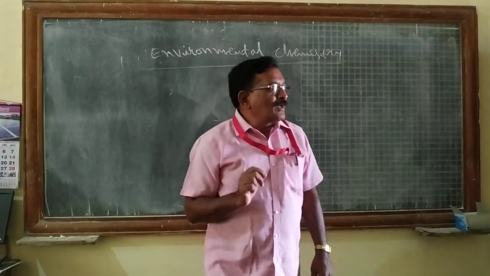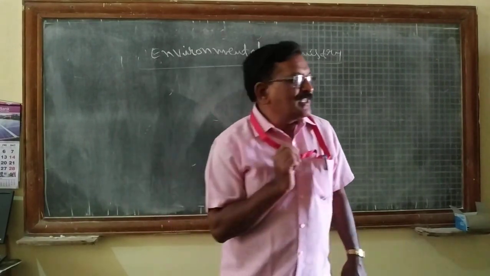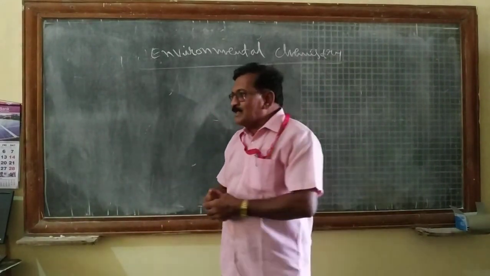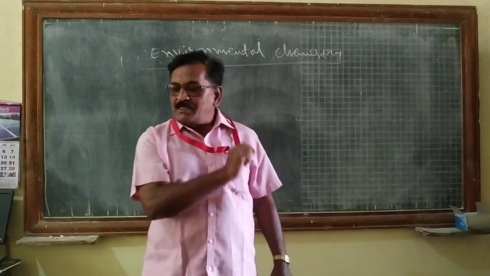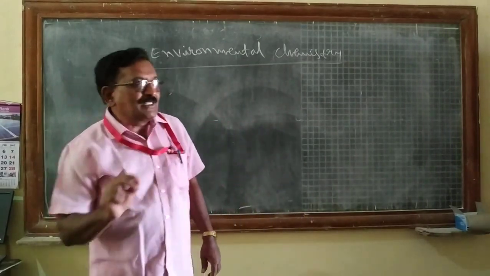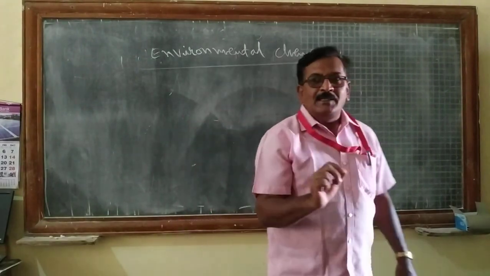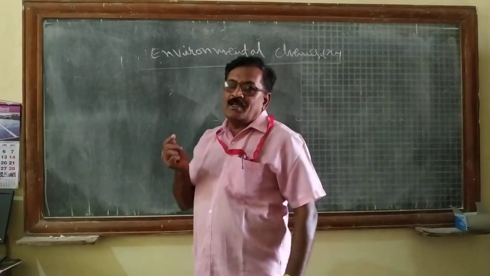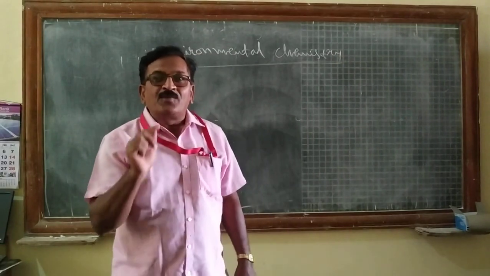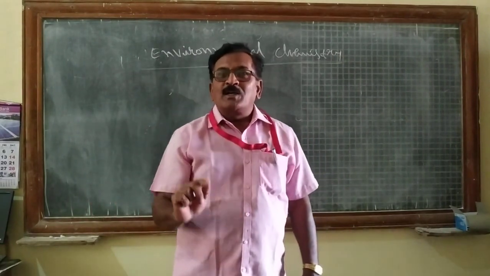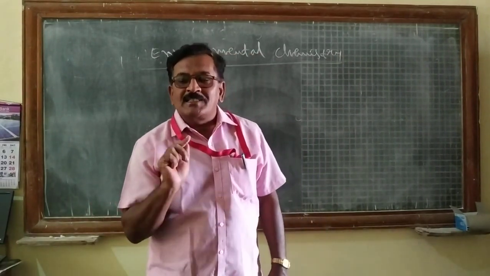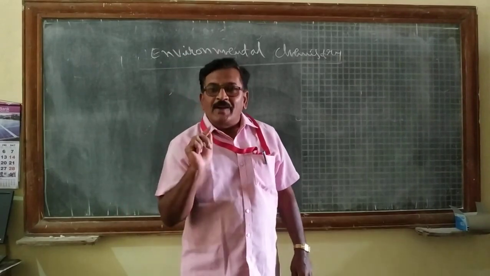Next, what is environmental chemistry? First of all, you have to come across the word pollution. Pollution means the pure air surrounding our atmosphere is polluted by different gases like carbon monoxide, carbon dioxide, sulfur trioxide, nitrogen dioxide, nitric oxide.